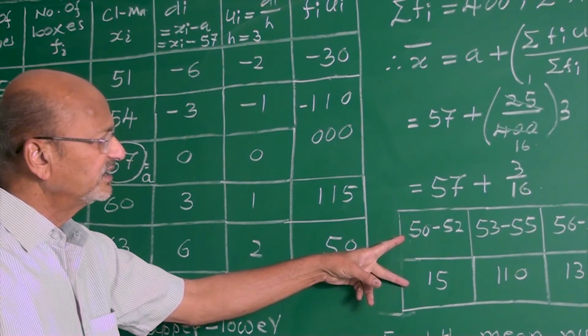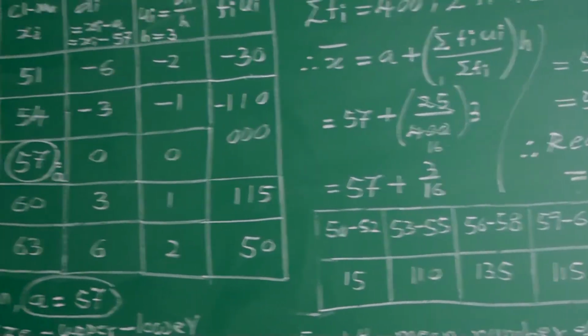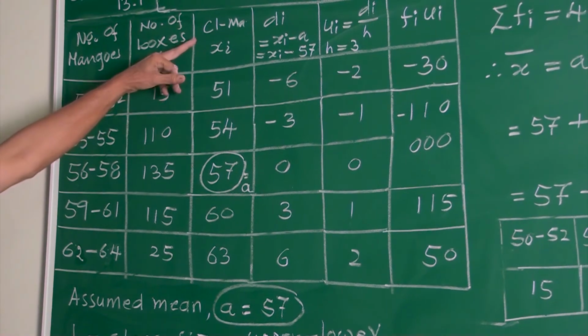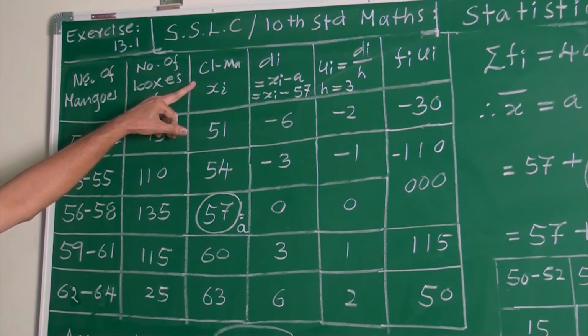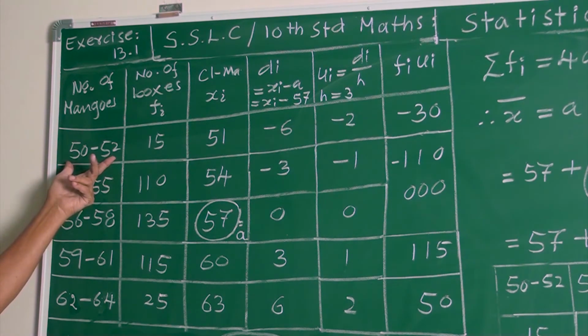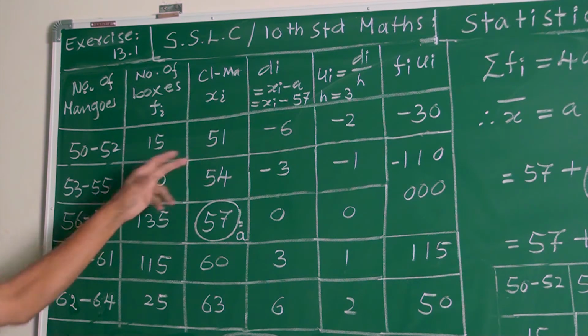The data written in rows, we are writing the same two rows as two columns. After writing this comes the class mark, that is xi. Sum divided by 2: 50 plus 52 is 102, divided by 2 is 51.